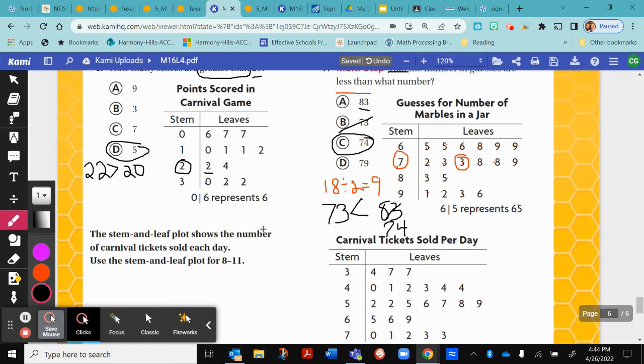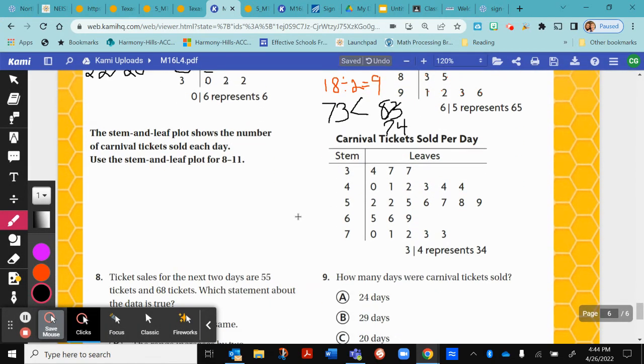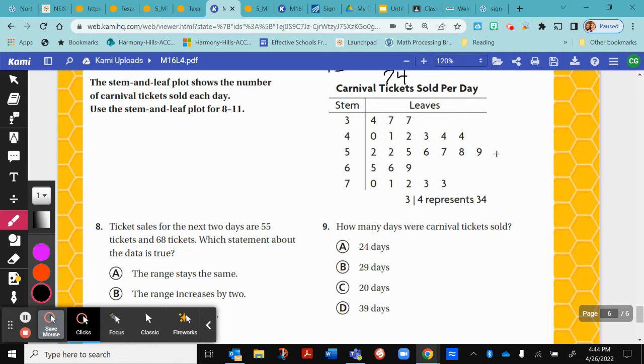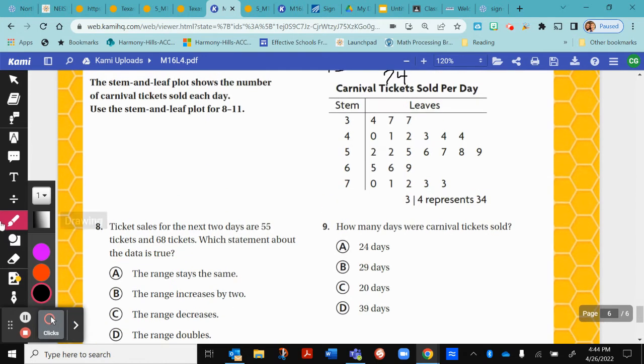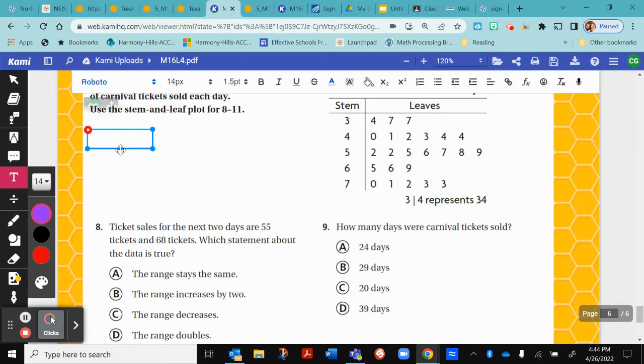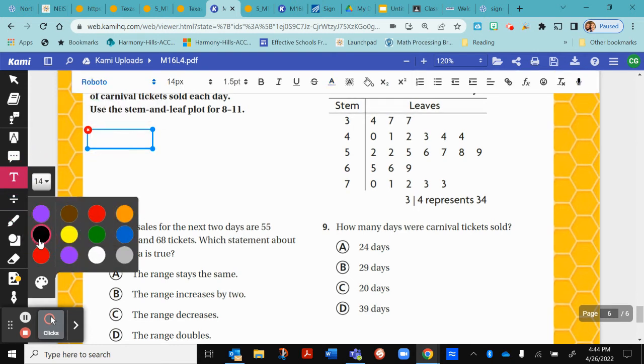All righty, so let's go ahead and move over to this stem and leaf on carnival tickets sold per day, which is going to answer questions 8, 9, 10, and 11. Remember we talked about range, right? And we said that range is equal to the greatest number minus the least number.